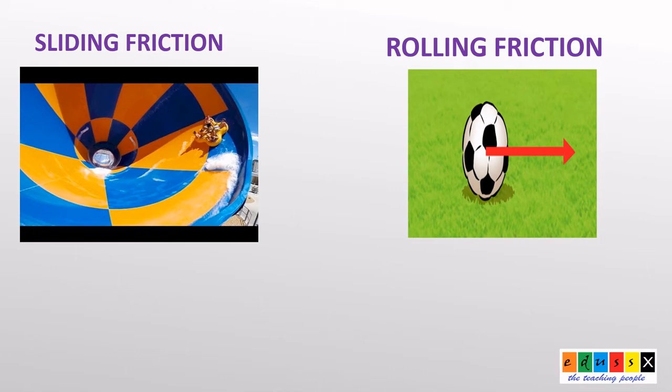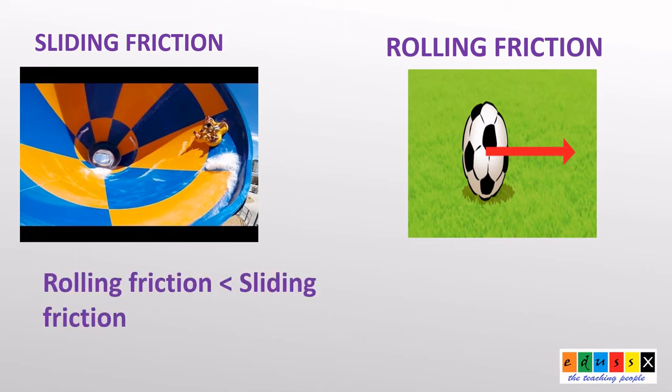You have to understand the concept that rolling friction is less than sliding friction. Why are they saying this? This is the reason why wheels are provided in vehicles, trolleys and suitcases. So keep in mind that rolling friction is less than sliding friction.